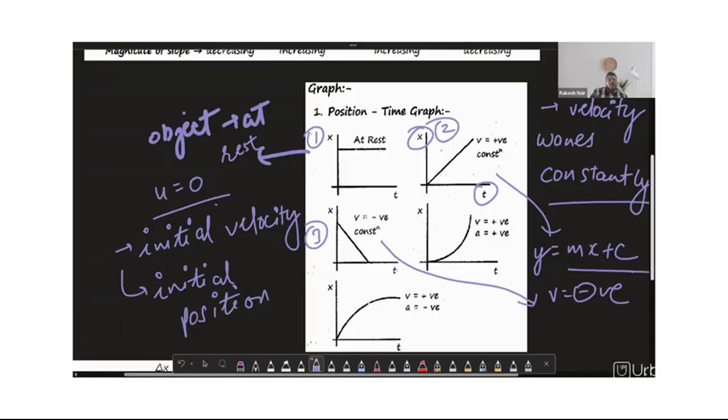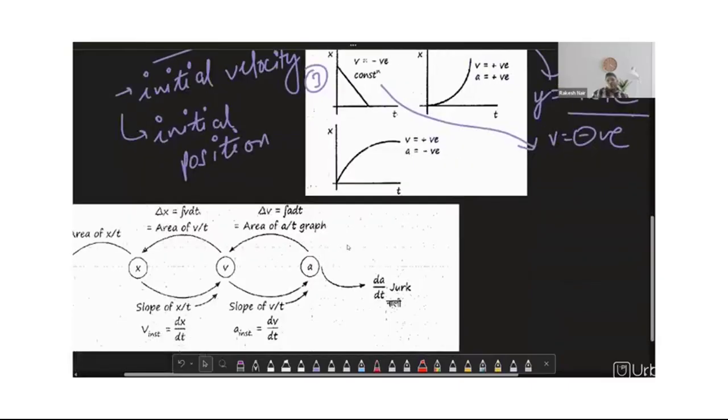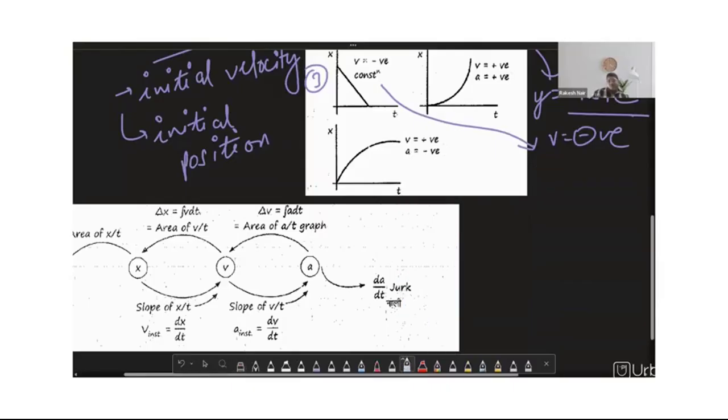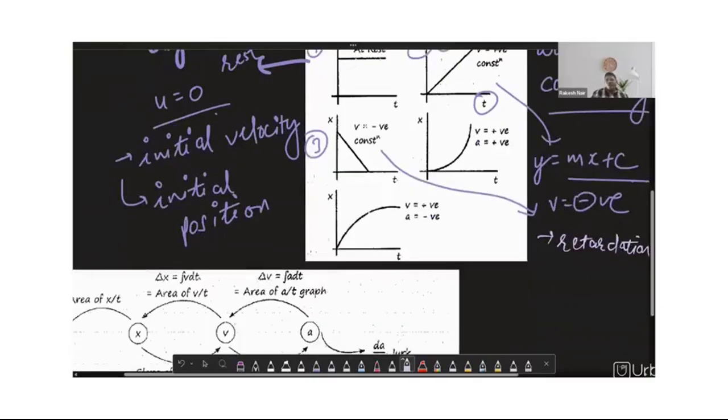That means in the case of retardation, which is the third one, retardation is the case where we are observing negative velocity.